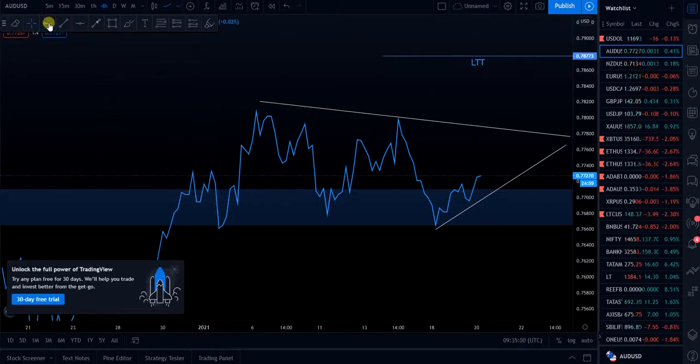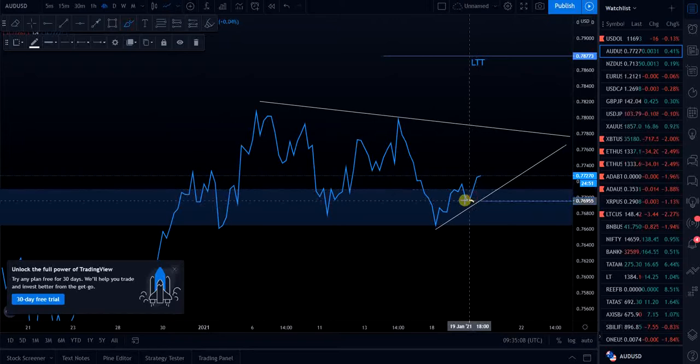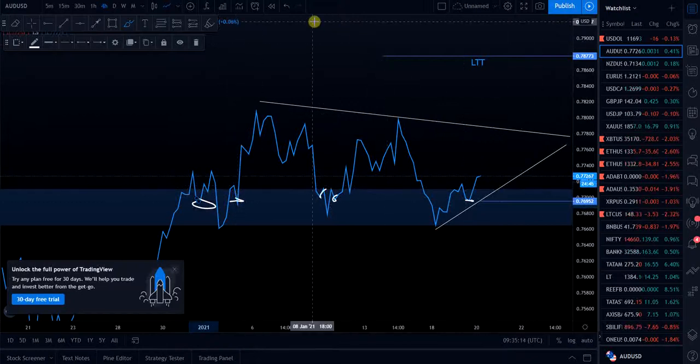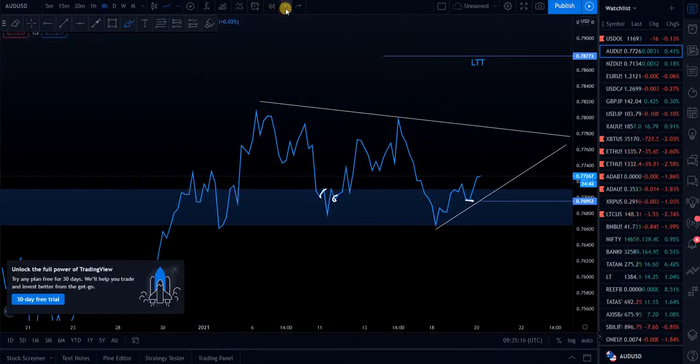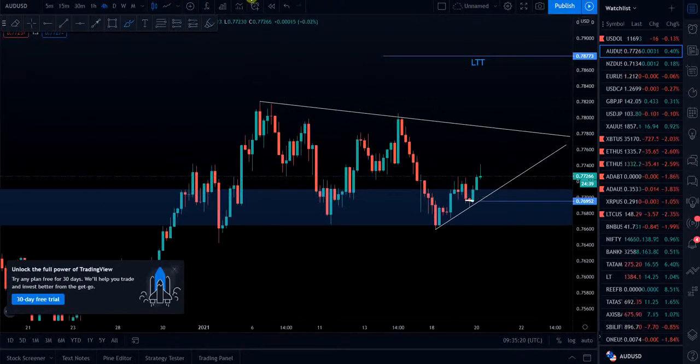So we got the area where we have maximum number of closes. This one, this one, this one, this one and this one. These are the closes at the level where we can plan for our long entries.